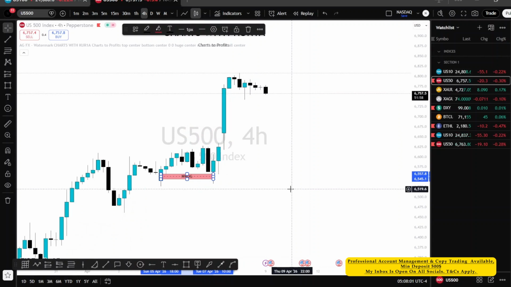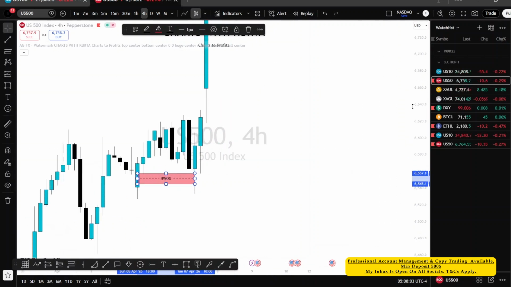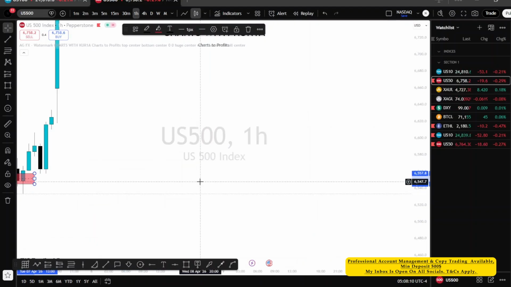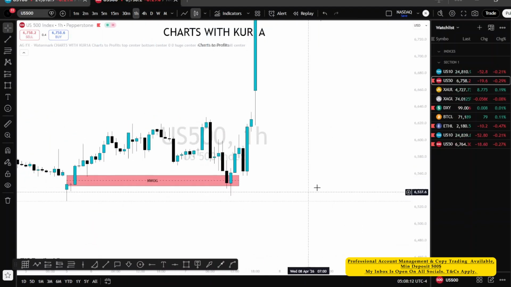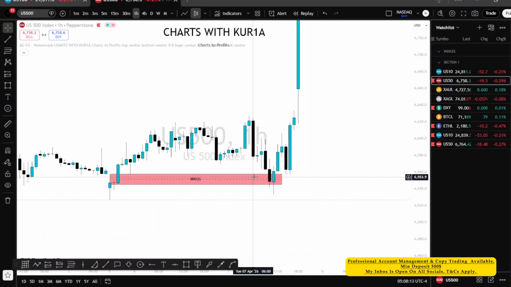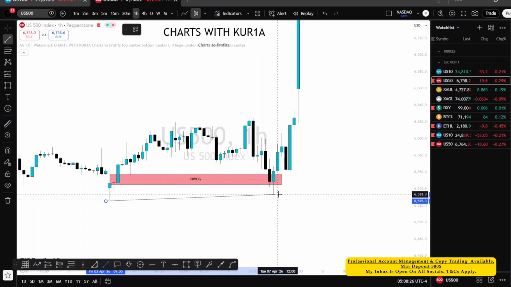The thing with correlated assets is that one of the assets is allowed to do that. It's basically given the permission to do such things. So when I saw that US 500 came, swept, dipped into the NWOG, but did not sweep this, that immediately became an SMT for me.